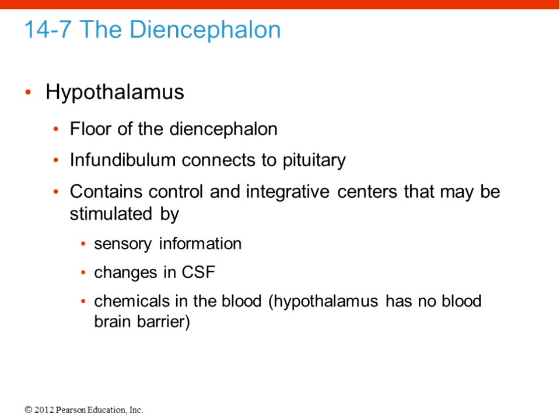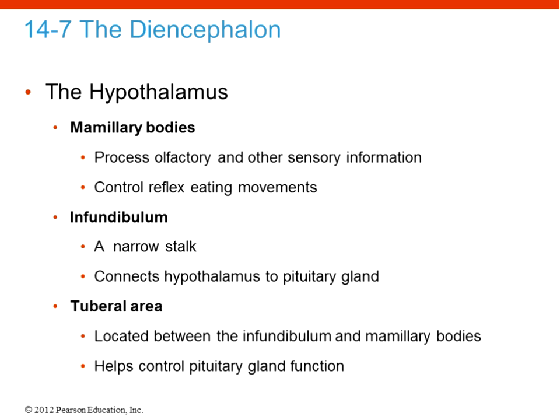And finally, you have the hypothalamus, which is the bottom portion of the diencephalon. As I said, this is a regulatory center, which controls a lot of what's going on inside the body, and it's also attached to the pituitary gland via what's called the infundibulum. Okay, so the hypothalamus has what are called mammillary bodies, which help process olfaction and other types of sensory information.